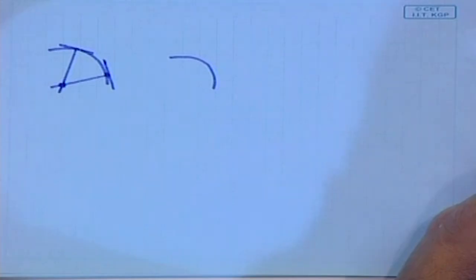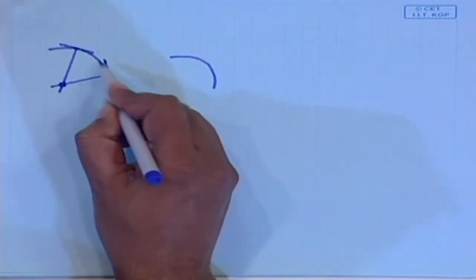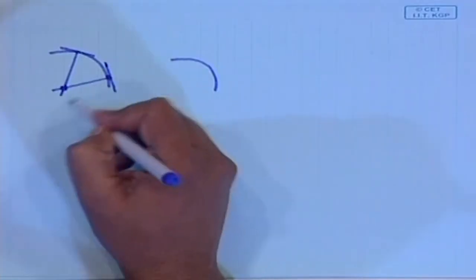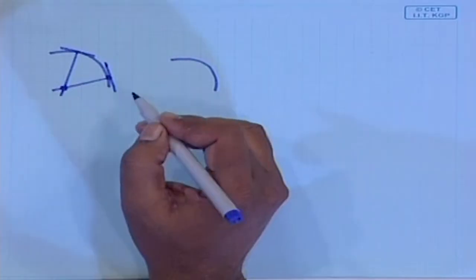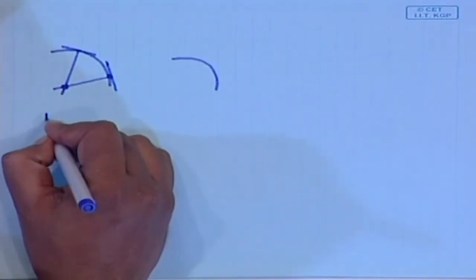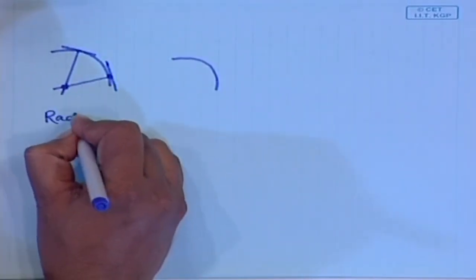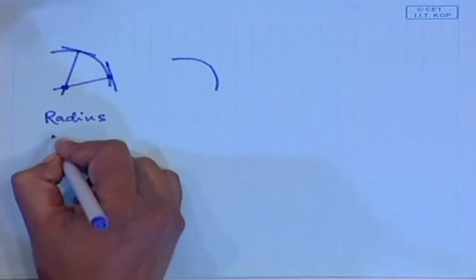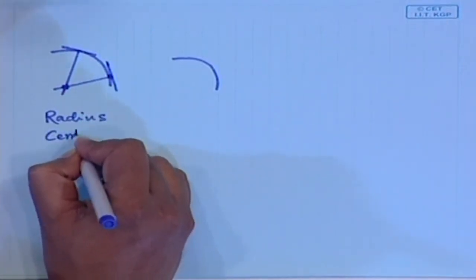And once I get the center, finding out the radius is very simple. It is nothing but the distance of a point on the perimeter from the center. So, I can easily find out the radius and I can also find out the center.